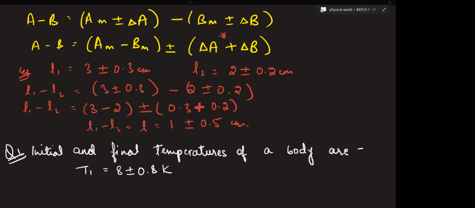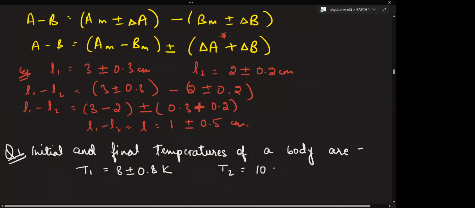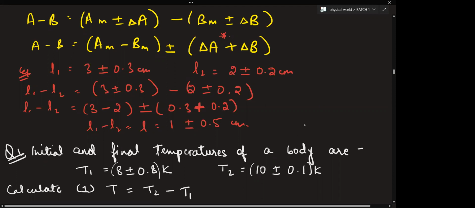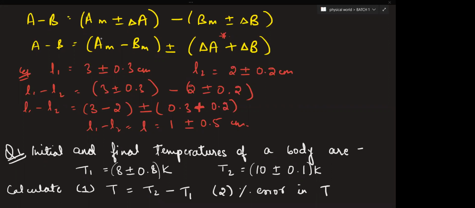Okay, if you remember, I have told you it's the SI unit of temperature, Kelvin. So temperature 1 is given, final temperature is given, T2 minus T1 in this manner only.